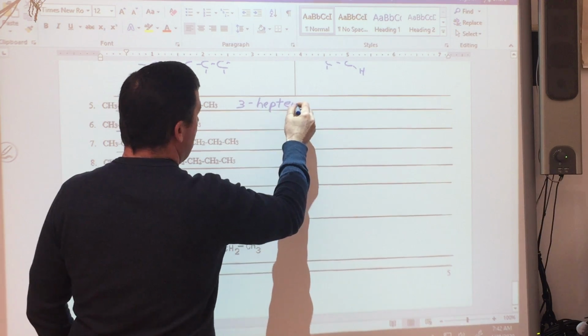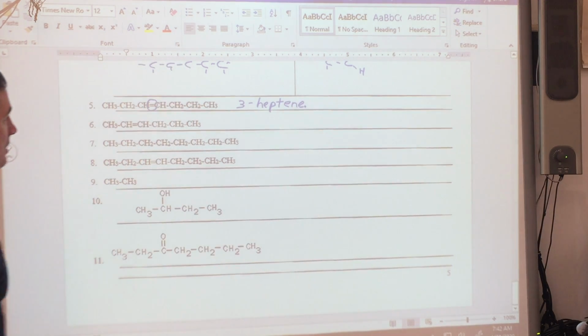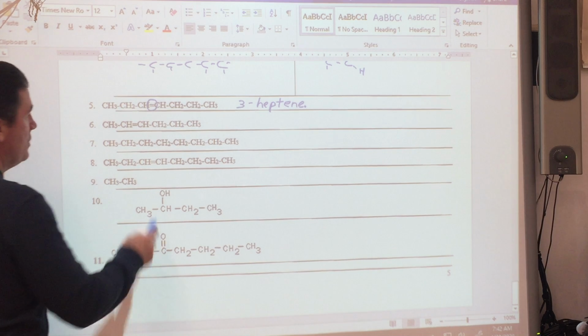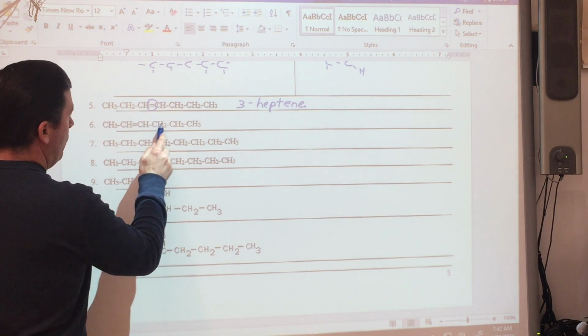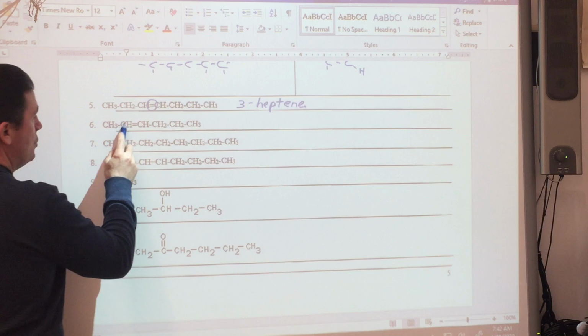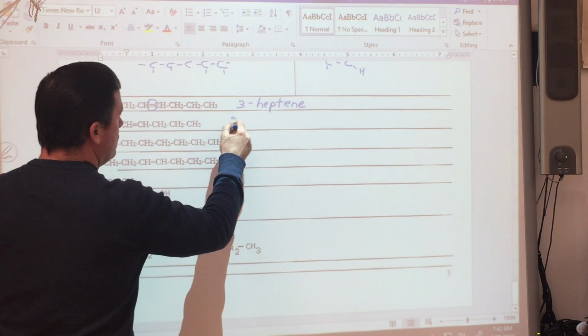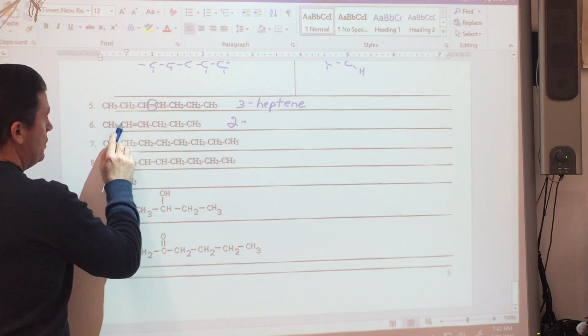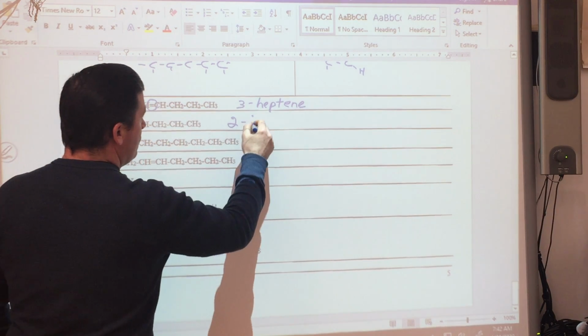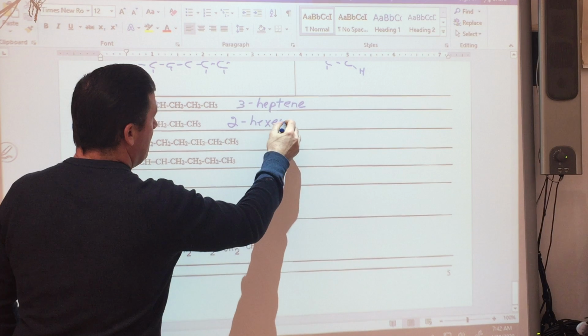Double bond means ene. 3-heptene. How about this one? 1, 2, 3, 4, 5, 6. I'm going to choose 2 instead of 4. So this is 2. And again, 1, 2, 3, 4, 5, 6. This is 2-hexene.